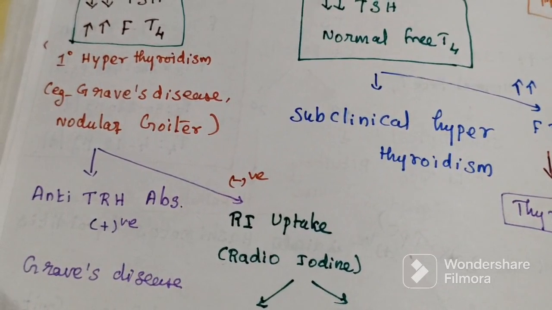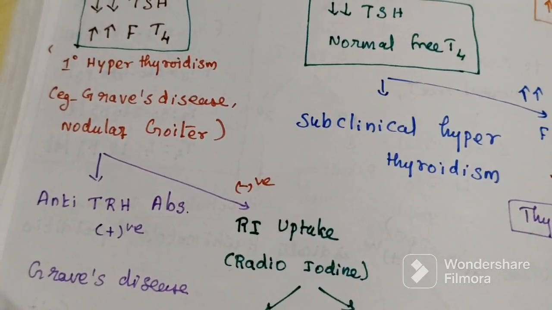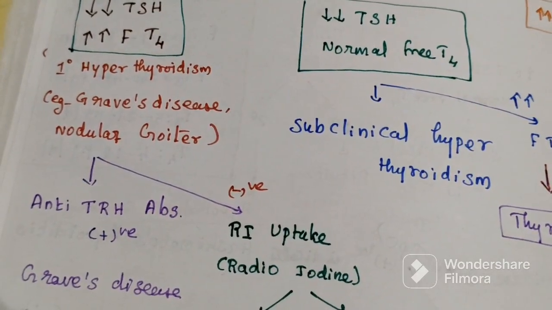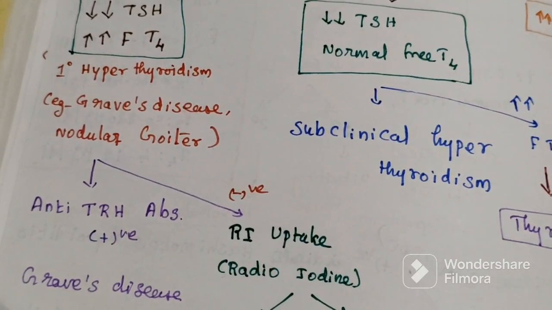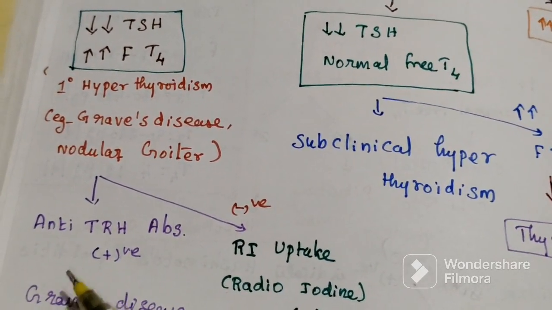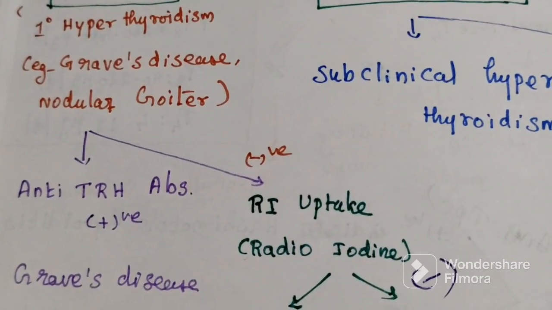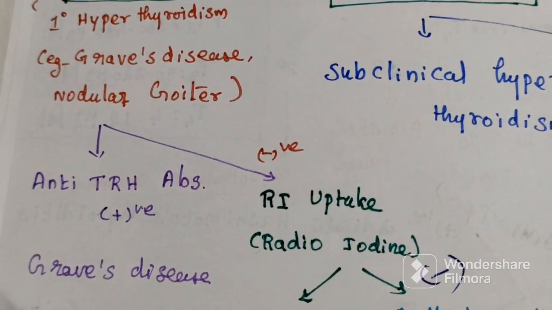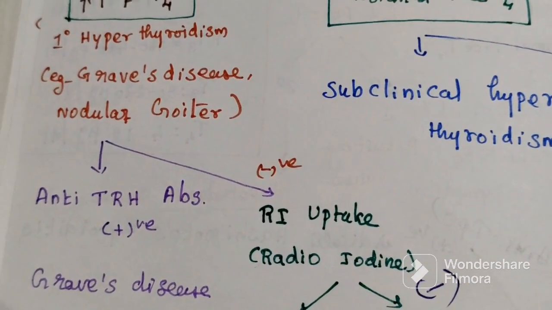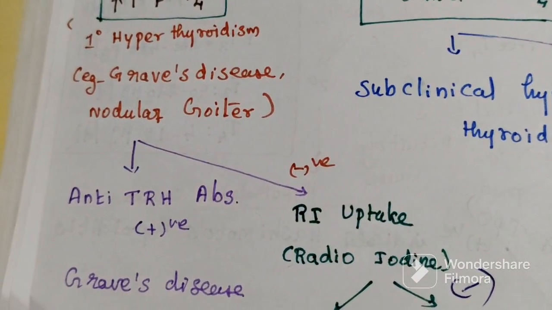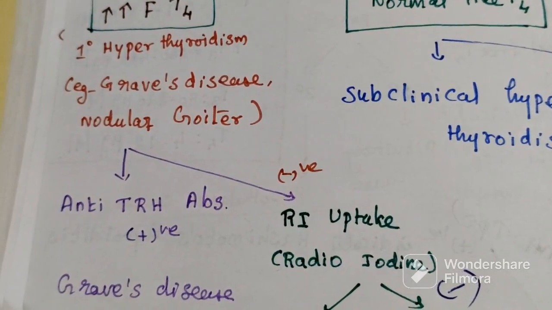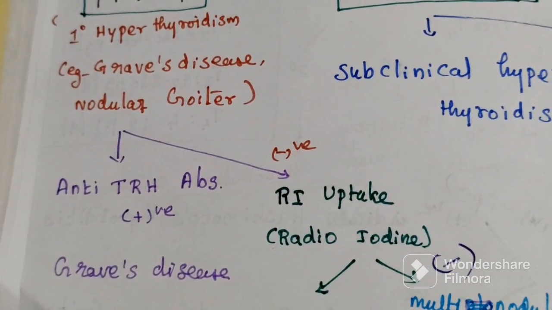Graves' disease is an autoimmune disorder in which there is self-destruction of the thyroid gland due to the production of anti-TSH receptor antibodies. It is characterized by exophthalmos. There are various symptoms: restlessness, heat intolerance, and so on. So these antibodies are positive in Graves' disease.